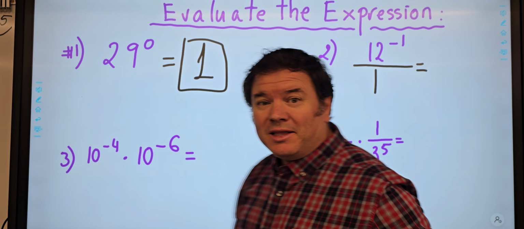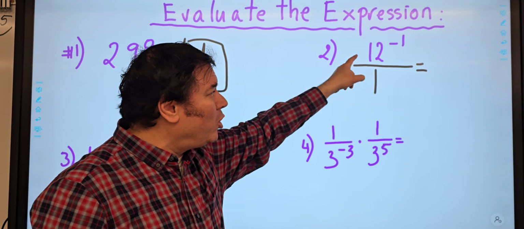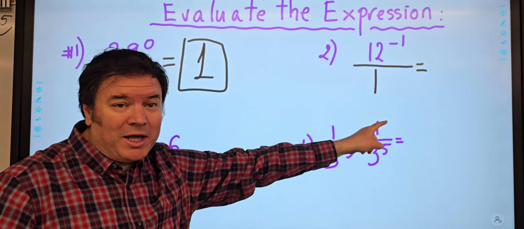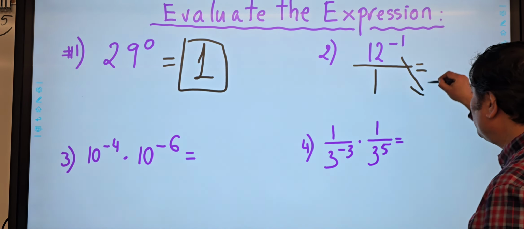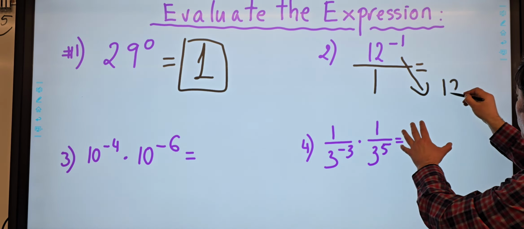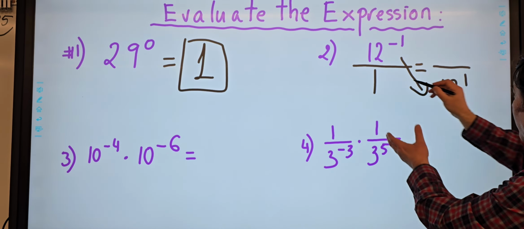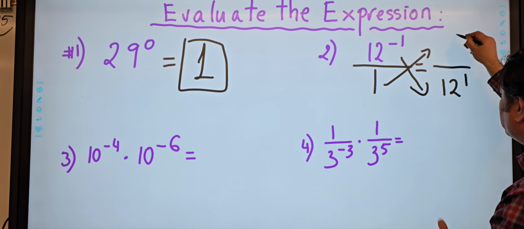And now remember, the unhappy tenants, or unhappy exponent, we switch floors, and then the exponent becomes positive. So let's switch floors. 12 to the negative 1 we switch to the bottom, and it becomes 12 to the positive 1. And the 1 from the bottom is going to switch to the top, and 1 just stays 1.